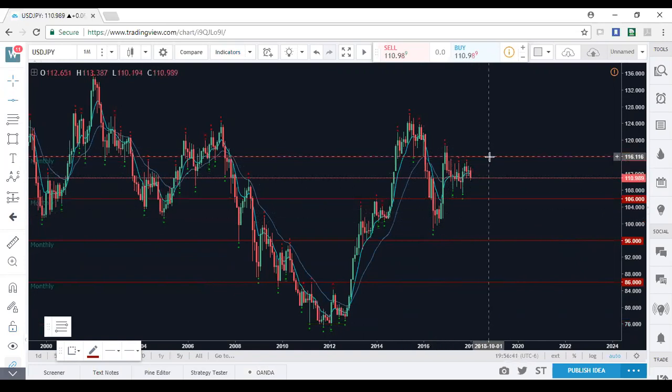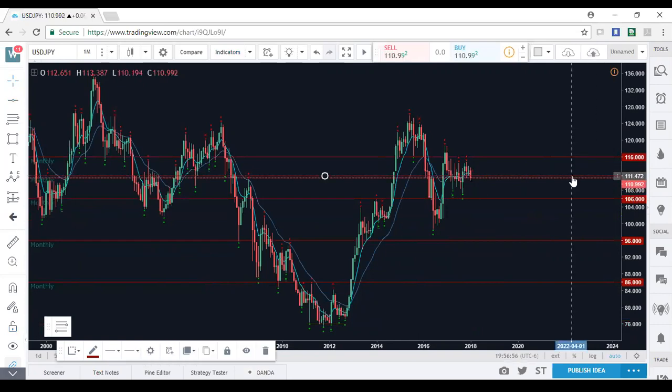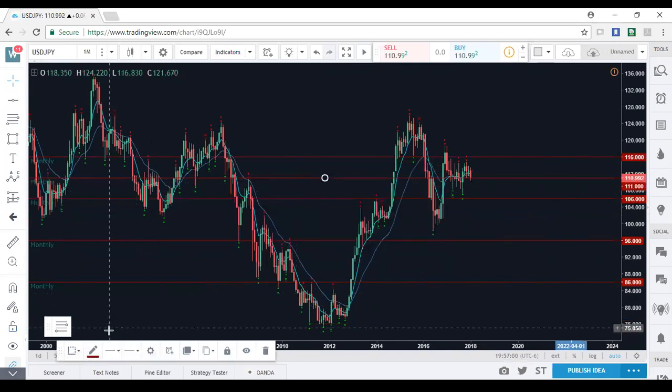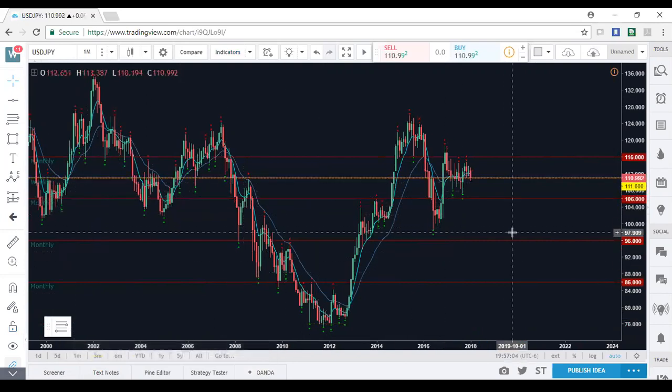So I'm going to cut this zone in half, this zone in half, and this zone in half, basically 500 pips. From 106 to 116, to cut that in half, I'm just going to go 5 above, so it'll be 111 even. I'm going to change the color of this line so I can identify what kind of support or resistance or key level it is.